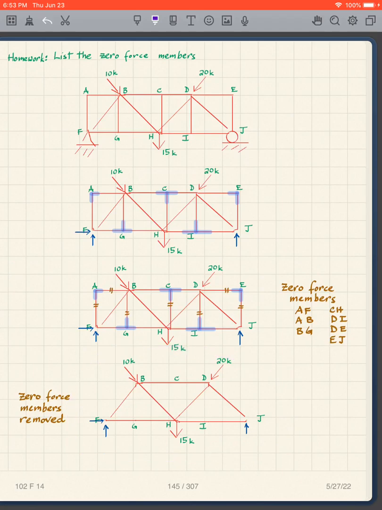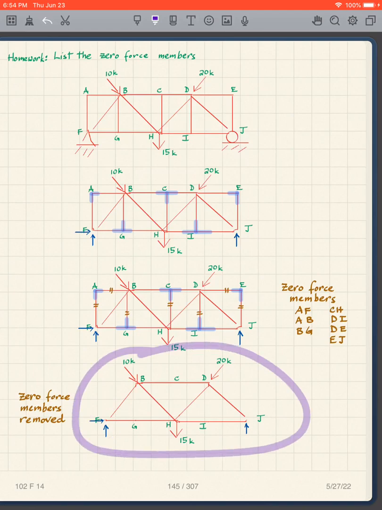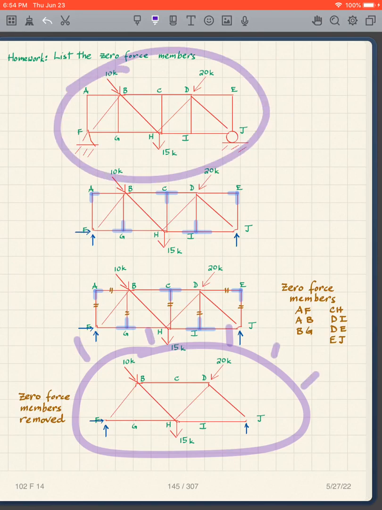And now I look again, did I create any more L's or T's? This is not an L or T, this is not. You just look at all the nodes. So none of them are L's or T's. So I've created this truss, but in reality, for this loading condition, it really just acts like this.